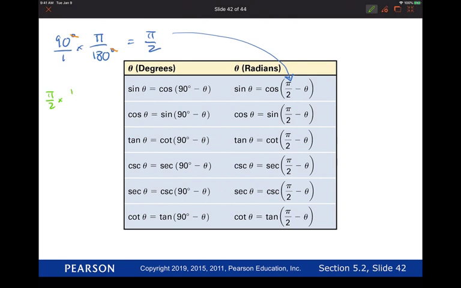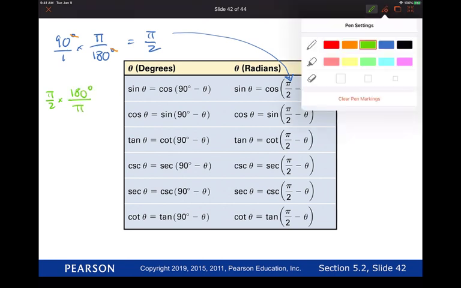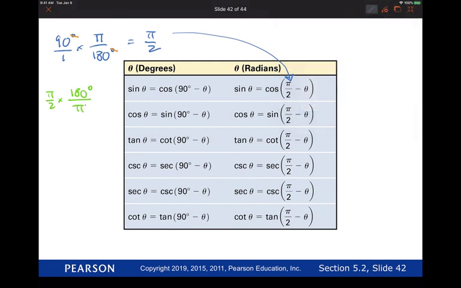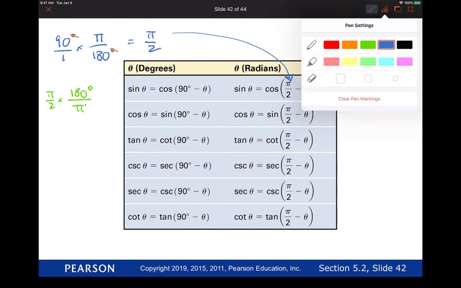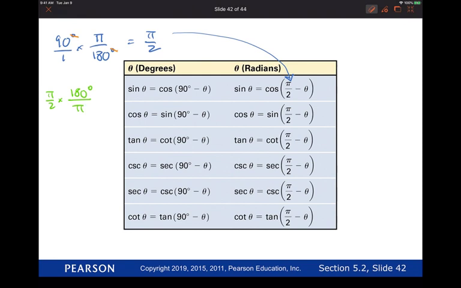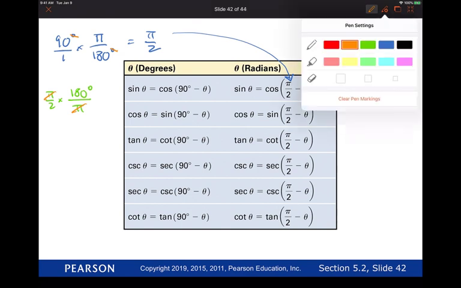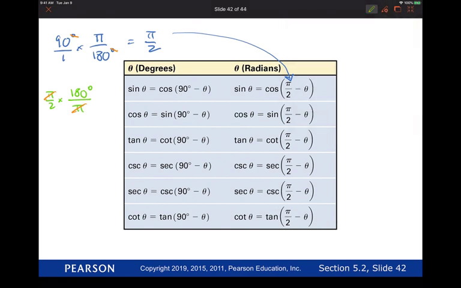So we would say times 180 degrees over pi radians. Again, the units of radians are going to cancel. So then 180 divided by 2 is 90.